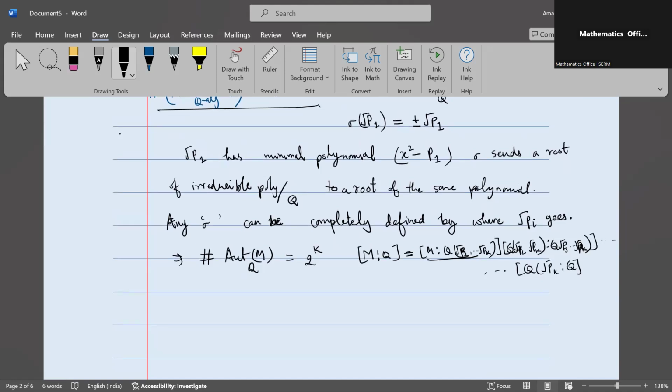This is from week 7 question 2, maybe Q2 or Q1, just see it from there. So the degree of extension becomes 2 to the power k also. This implies that M over Q is a Galois extension.